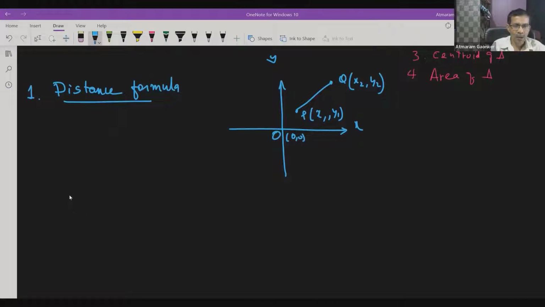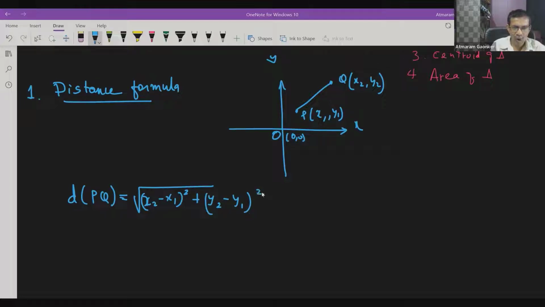You can find that by the distance formula. I will write here distance PQ equals the square root of, first you take the x coordinates, that is (x2 minus x1) the whole square, then plus the difference in the y coordinates, (y2 minus y1) the whole square.